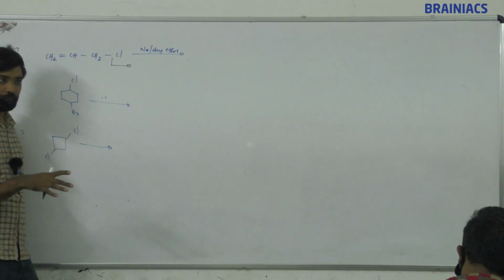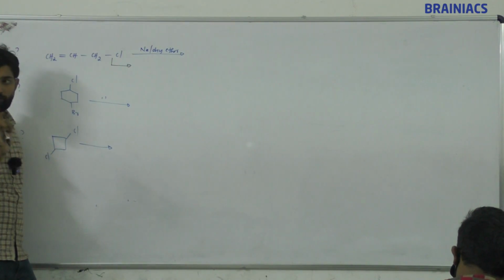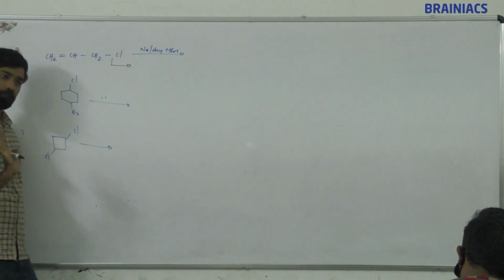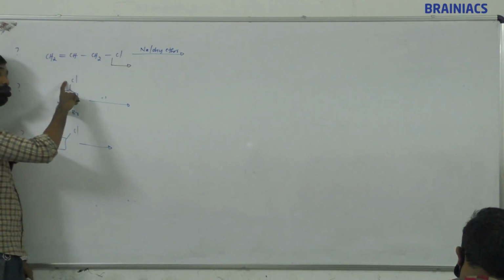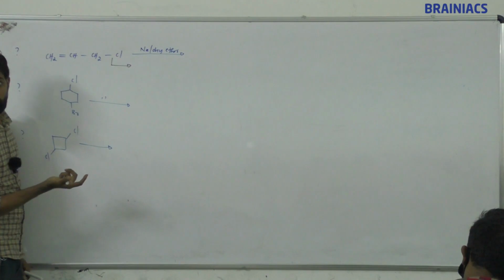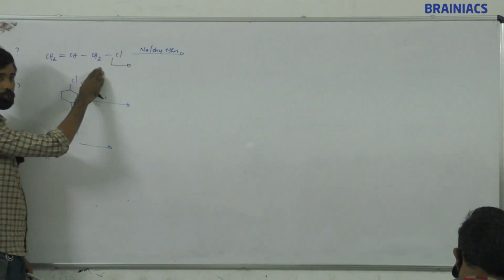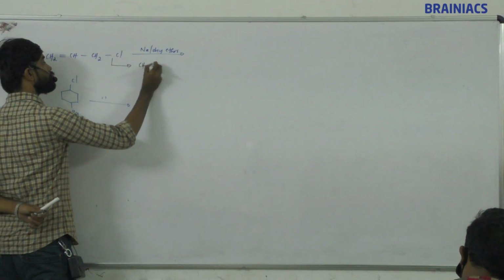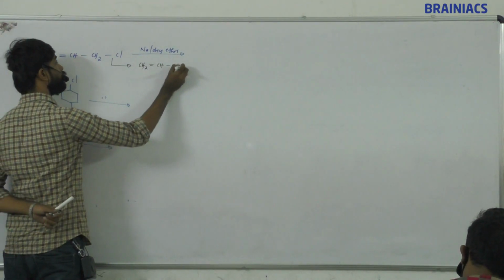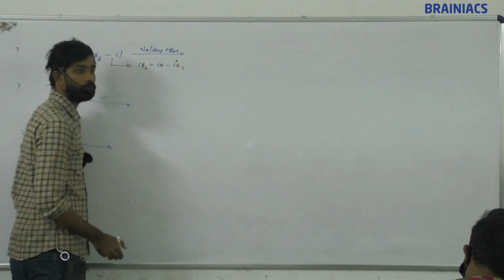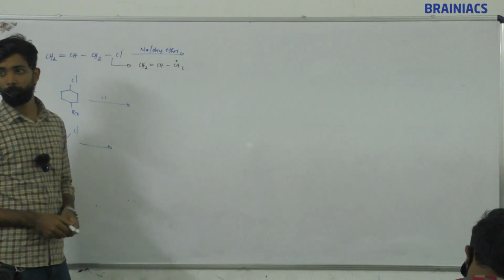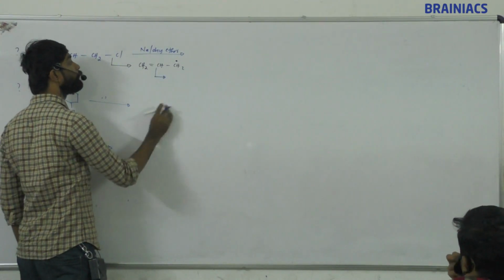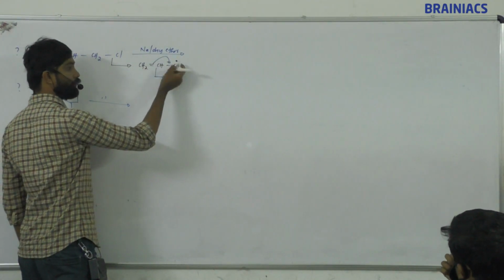If there is only one chlorine, the chance is for simple. We have more than one halogen, so a chance for internal. So here only simple. Agreed. Then what about the mechanism? Listen, CH2 double bond CH, CH2 with a bond. This is the radical formed. So there may be a chance for rearrangement of that radical.